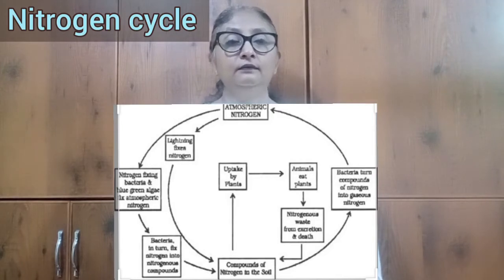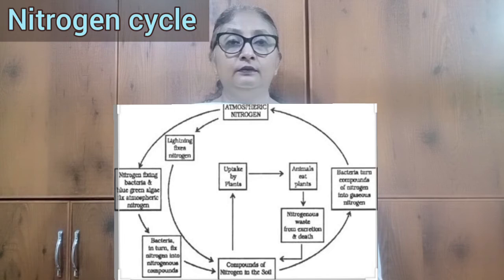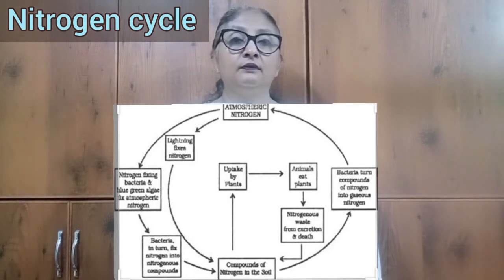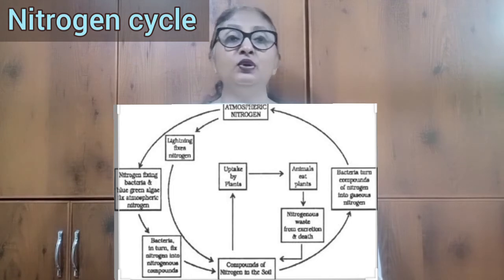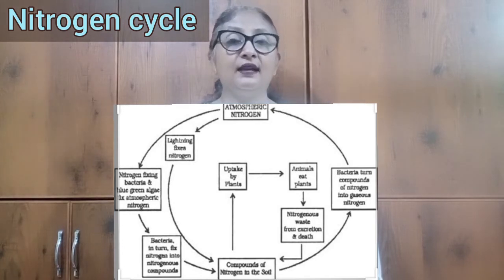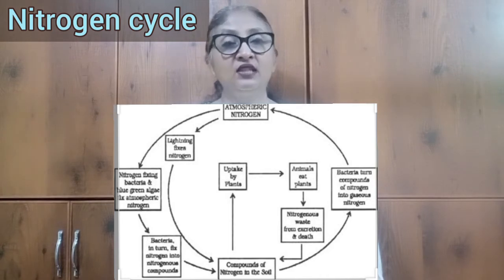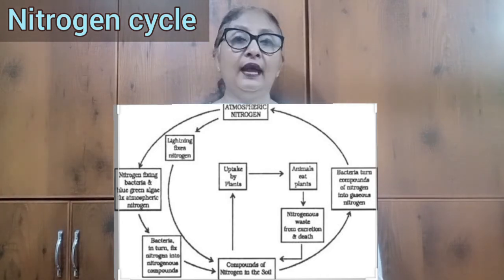The last topic now is nitrogen fixation or nitrogen cycle. Now, what is this nitrogen cycle? It is the changing of nitrogen from one form to another. It is one of the biogeochemical cycles where nitrogen, which is an essential element, changes from one form to another.